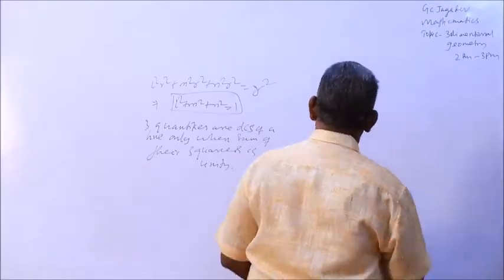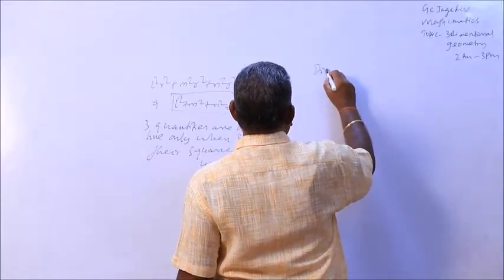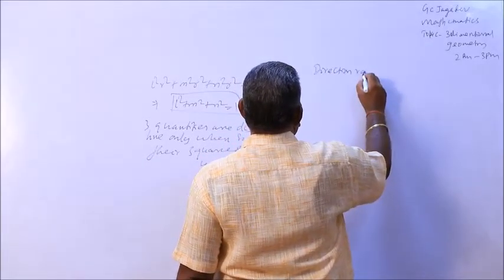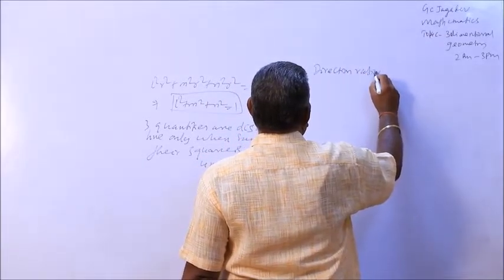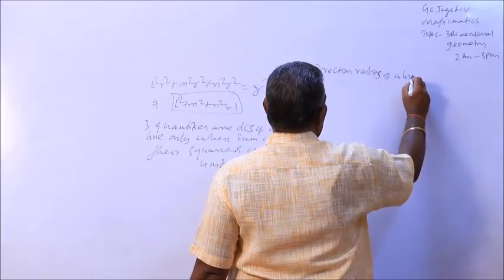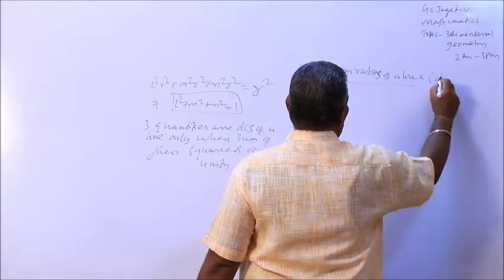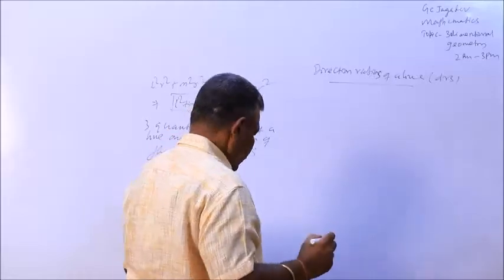Next comes your direction ratios of a line. In short form, you can take DRs.